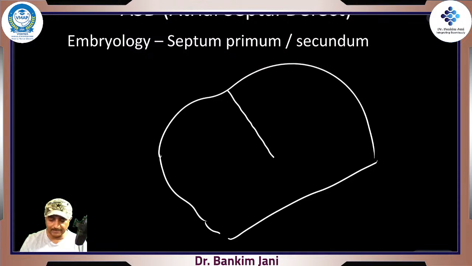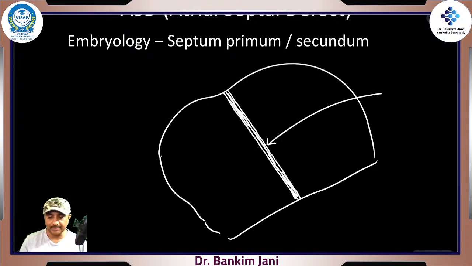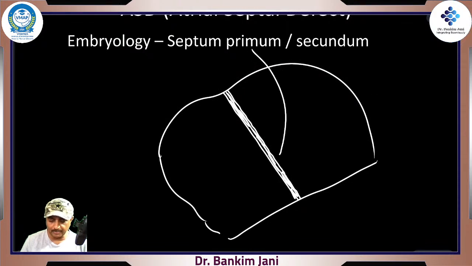It develops all the way until it touches over here. This septum, which divides the whole thing into two parts, is called the primary septum, the septum primum.